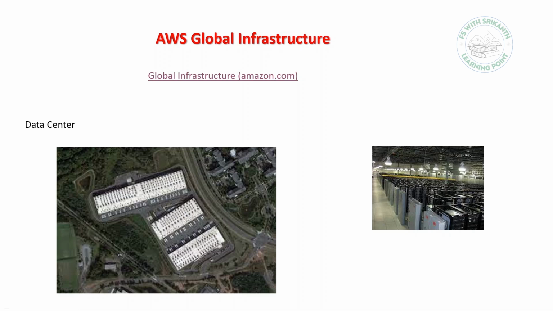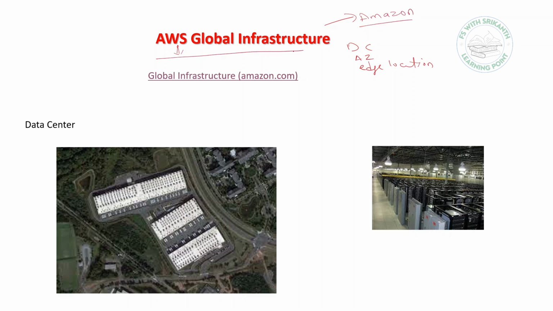So AWS infrastructure refers to the worldwide network of data centers and edge locations owned by AWS, including availability zones. This cloud computing service is provided by Amazon.